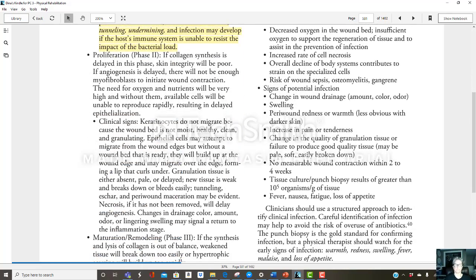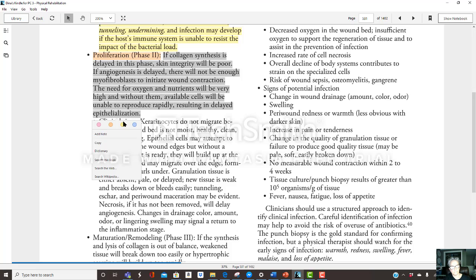If collagen synthesis is delayed in this phase, skin integrity will be poor. If angiogenesis is delayed, there will not be enough myofibroblasts to initiate wound contraction. The need for oxygen and nutrients will be very high, and without them, available cells will be unable to reproduce rapidly, resulting in delayed epithelialization.